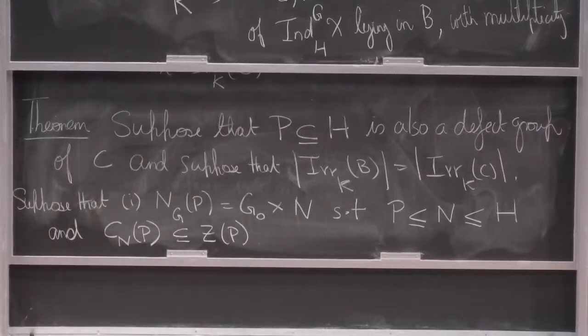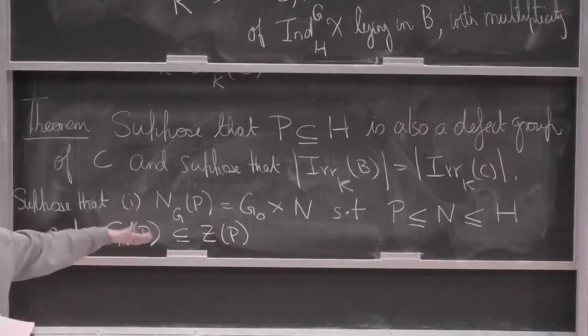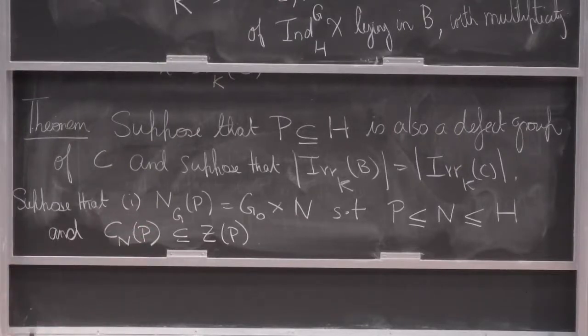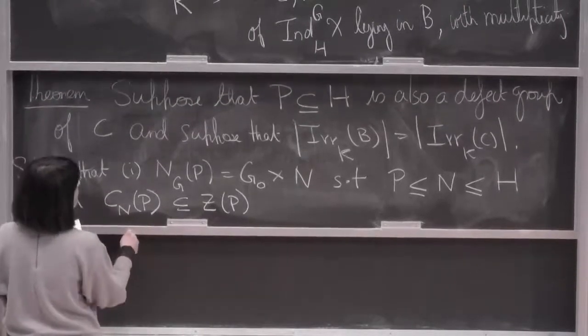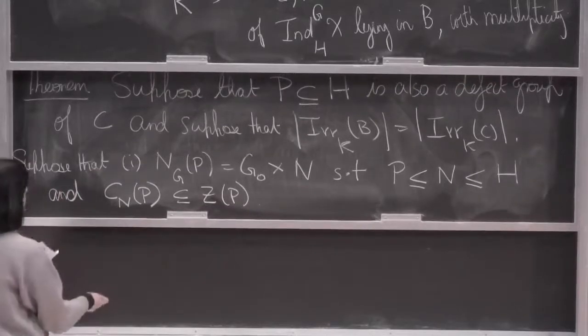I just get the least possible, I get Z of P. Okay, so this is quite a strong condition on what the normalizer has to look like. Okay, and I'm also going to make one other assumption.